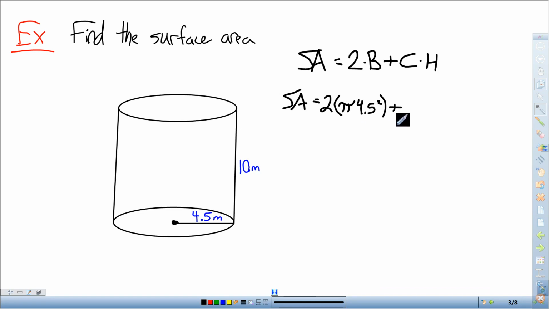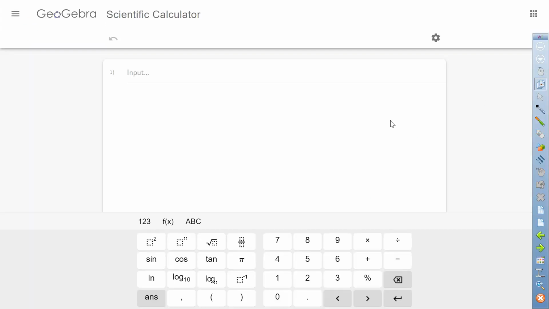Okay, and then plus the circumference. I'm going to put circumference in parentheses because I want to make sure we get it typed in correctly. Remember, when in doubt, use parentheses around all of this stuff. Circumference is 2 pi, and our radius again is 4.5 times the height going from one base to the other, just like in prisms, looks like it's a 10. Okay, cool. So let's type this in and see how it goes.